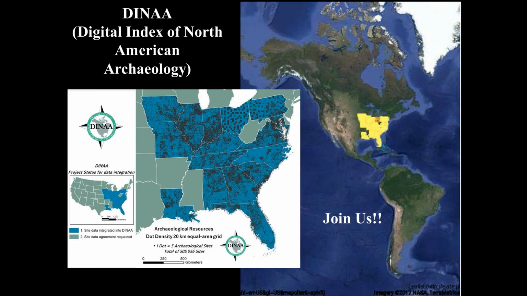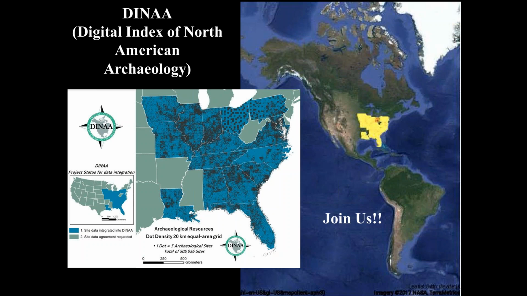With regard to the first part, Eric, do you want to take that, or Sarah? Yeah, so it is that roughly 20-kilometer grid that we reduce precision to for site location. It was mainly a general consensus that was acceptable by the different site file managers and SHPOs that have been working with us. But you'll see on the current slide that the state of Ohio looks kind of funny.